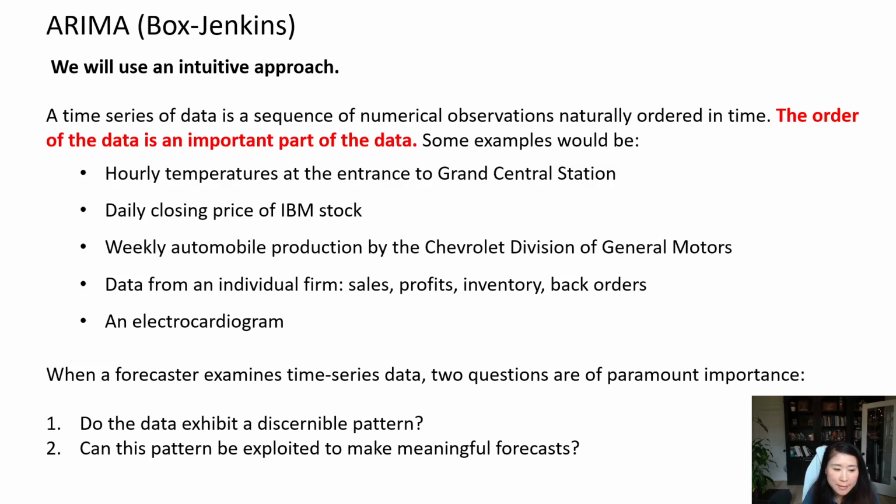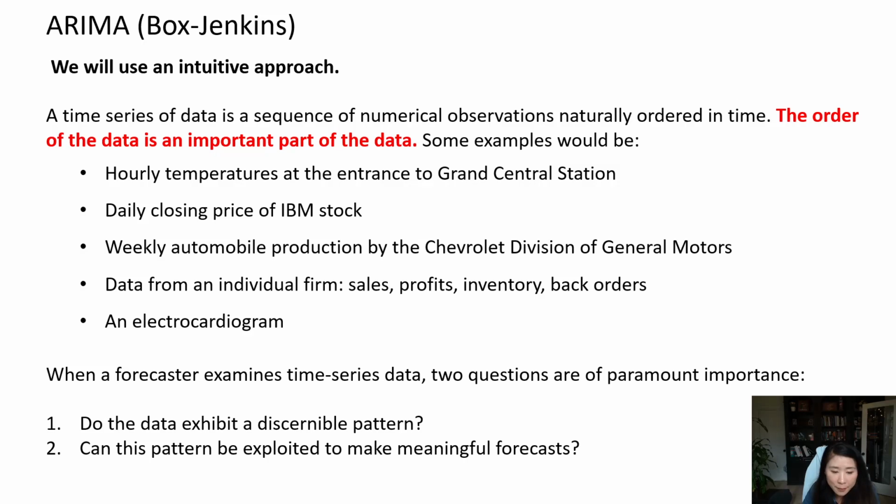The other one is the daily closing price of IBM stock, just like the data you collected for your final project. This is time series data because the data is ordered by time. Another is the weekly automobile production by the Chevrolet division of General Motors. This is also time series data, again ordered by time.